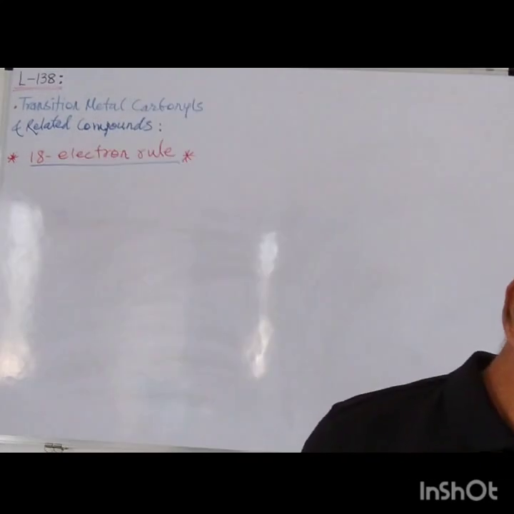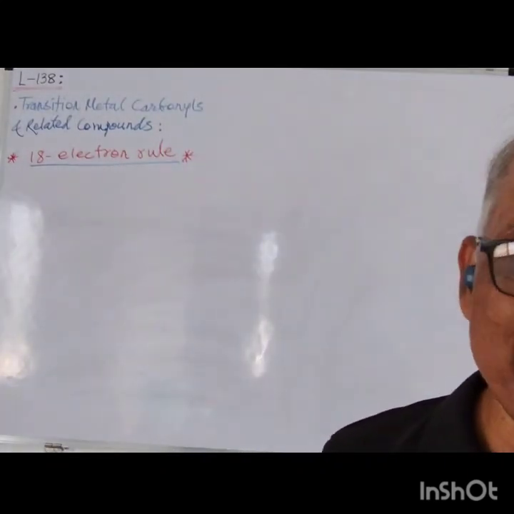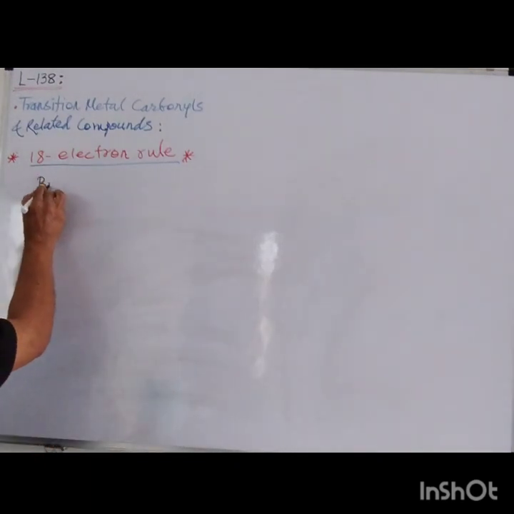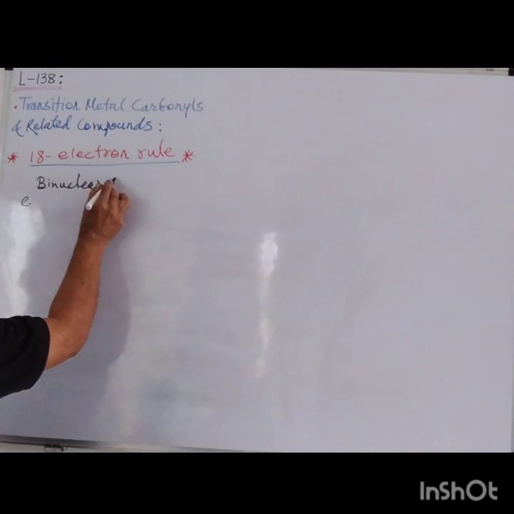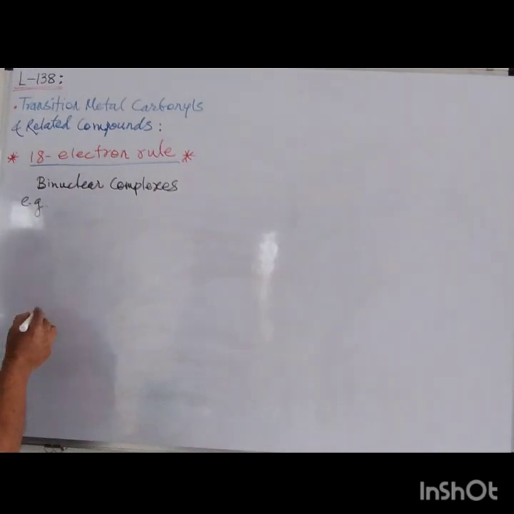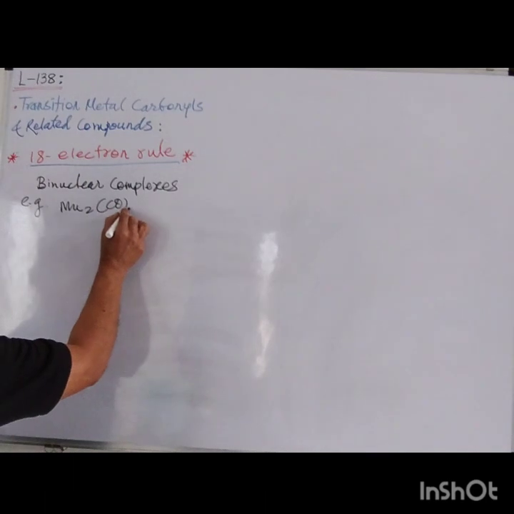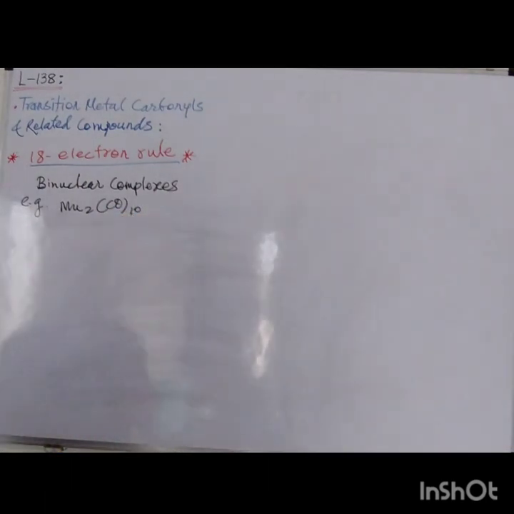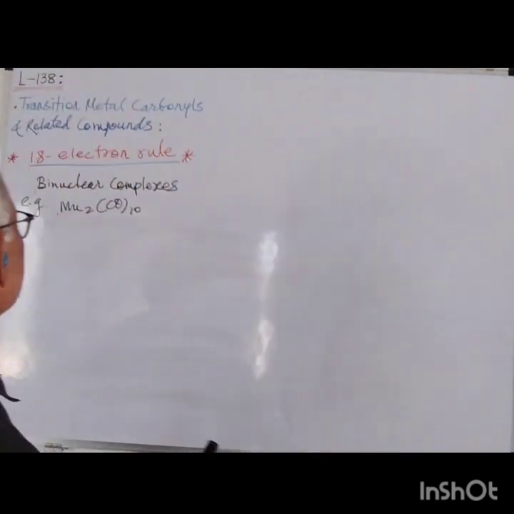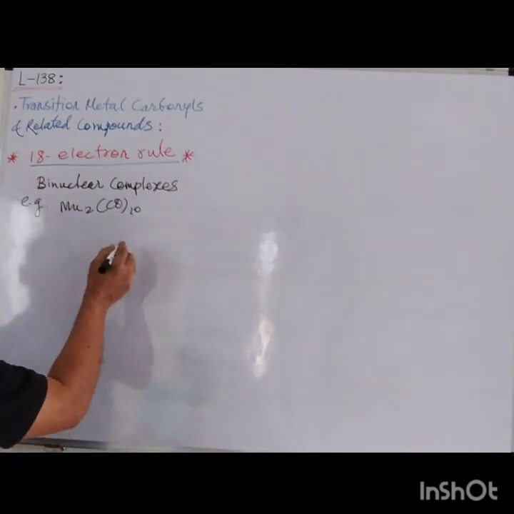Then we consider the 18 electron rule for binuclear complexes. For example, if we take Mn2(CO)10, the number of electrons can be calculated like this.